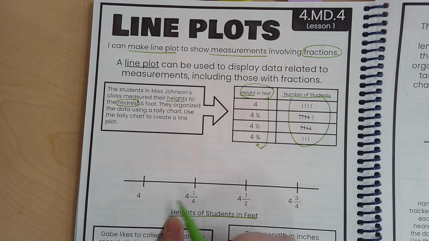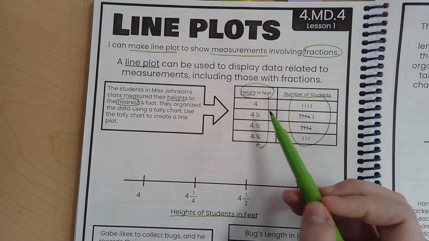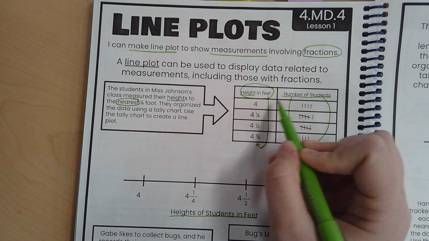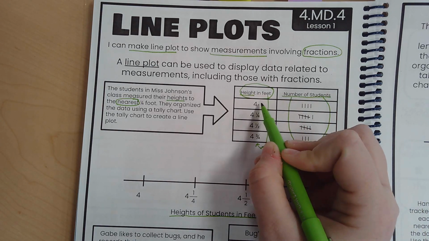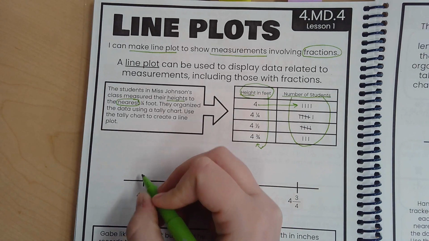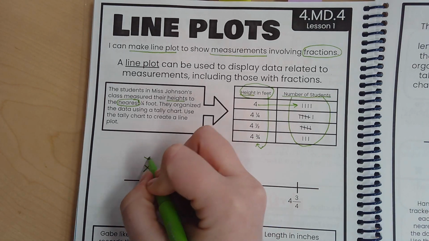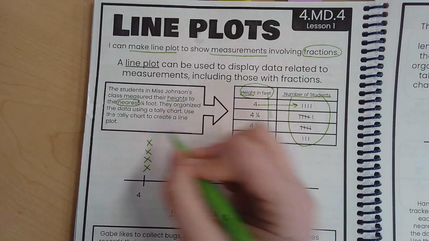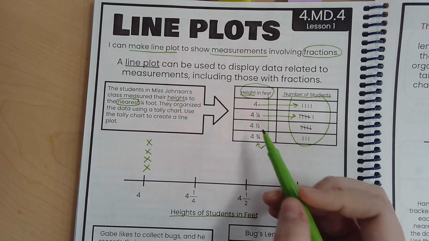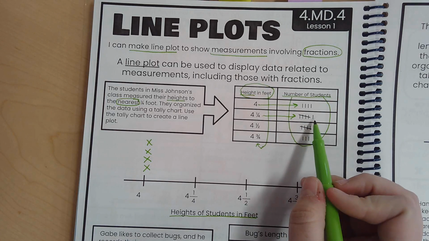Okay, so we've got 4, 4 1/4, 4 1/2, 4 3/4. What we're going to do is look at the 4, and this is how many students. If they are 4 feet, there were 4 of them. So we'll come over to the 4 and we'll go 1, 2, 3, 4. Okay, 4 1/4, there are 5 students, right?